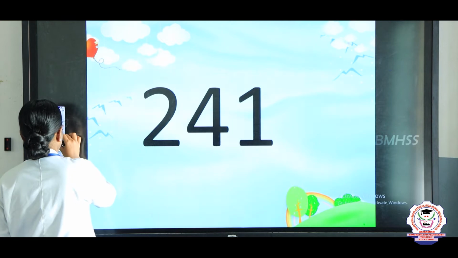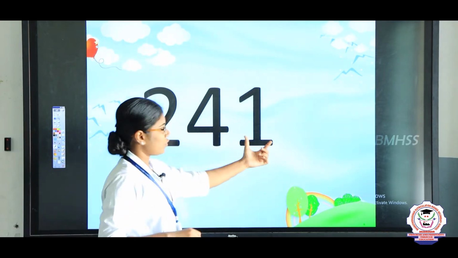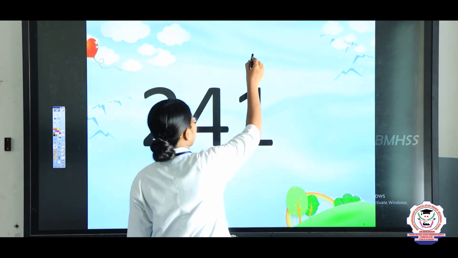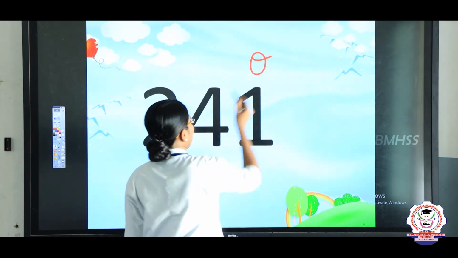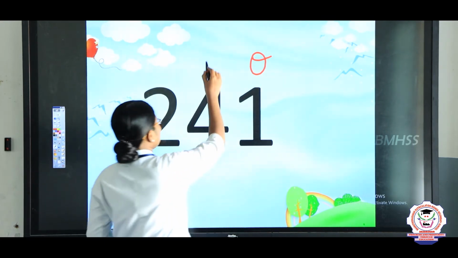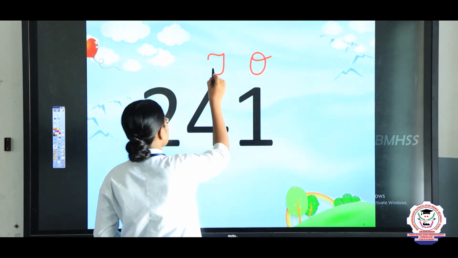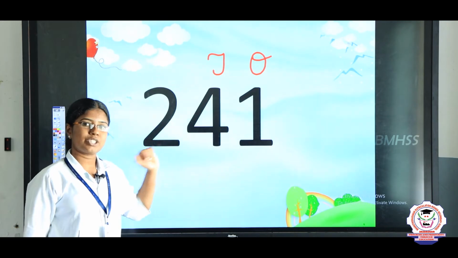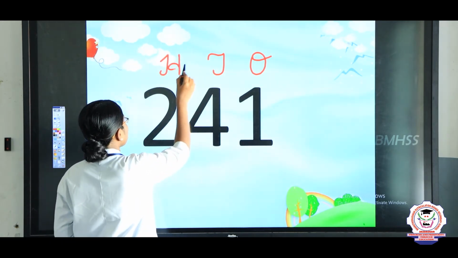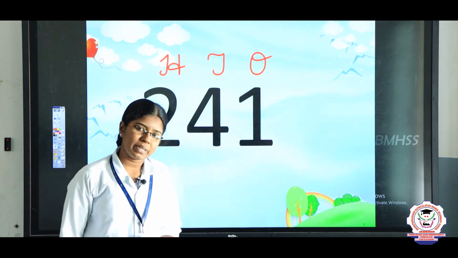First listen. What is the place value of this digit, children? Yes, ones place value. And what about the second digit, children? Yes, it represents the tens place value and the third digit represents the hundreds place value, right? So listen to me carefully.